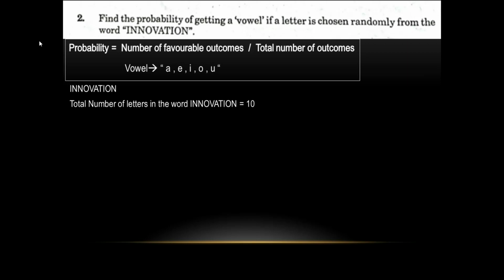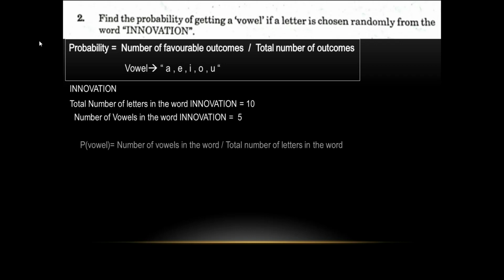So, the total number of letters in the word innovation are 10. The number of vowels in the word innovation are 5. So, the probability of vowel is equal to number of vowels in the word divided by total number of letters in the word.